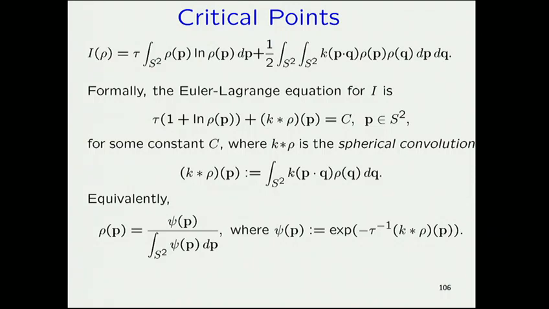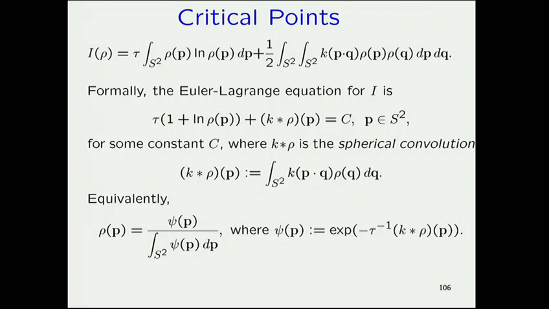Okay, so formally that's the answer. Except of course it's not really an answer, because it's saying that rho is equal to some function of rho. Right? But formally that should be the Euler-Lagrange equation.